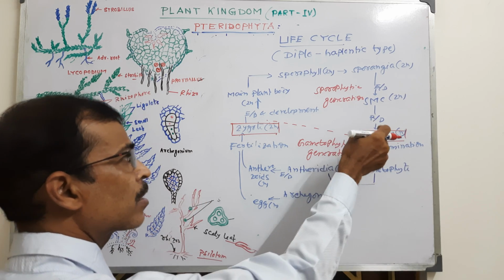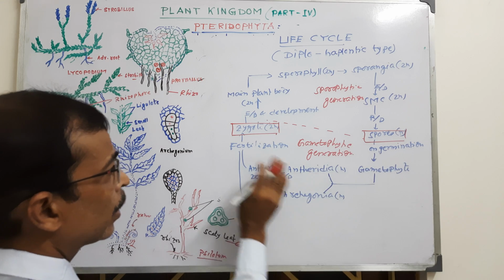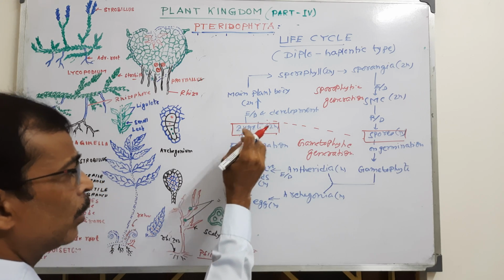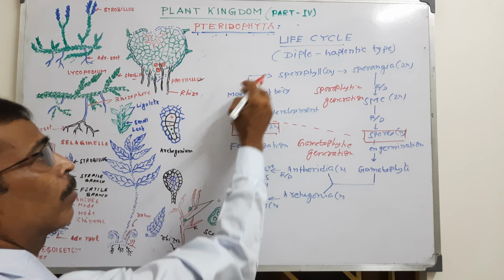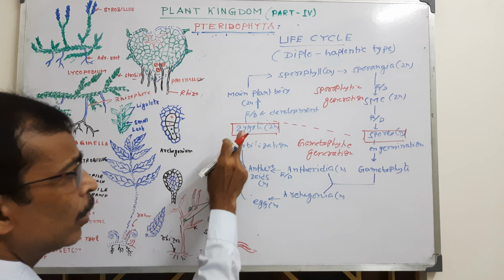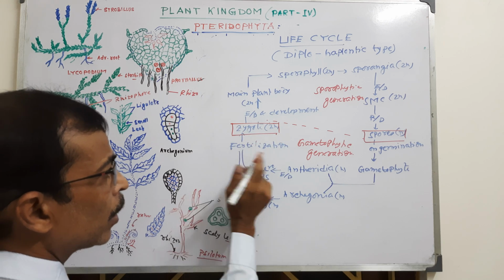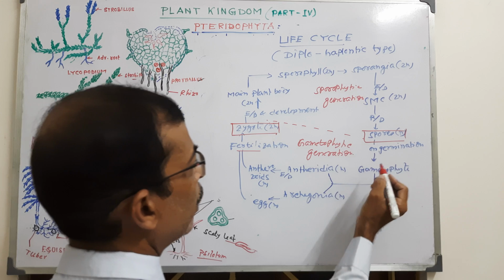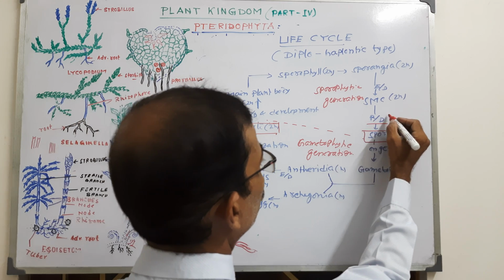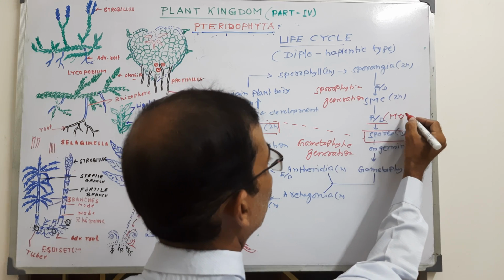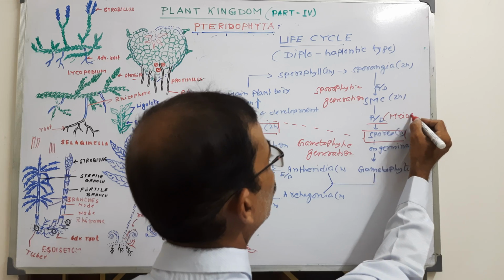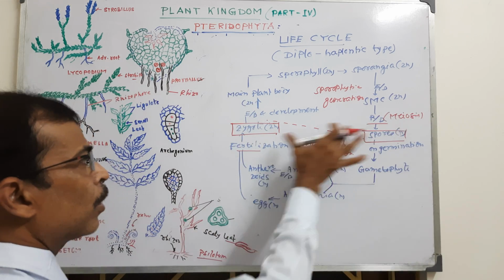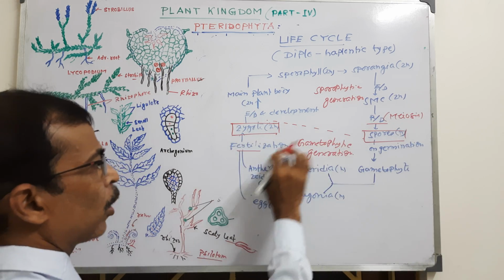This spore is the first cell of the gametophyte, likewise the zygote is the first cell of the sporophytic generation. And look here, another two terms, fertilization and meiosis. These two terms are very important, because they are opposite phenomena.